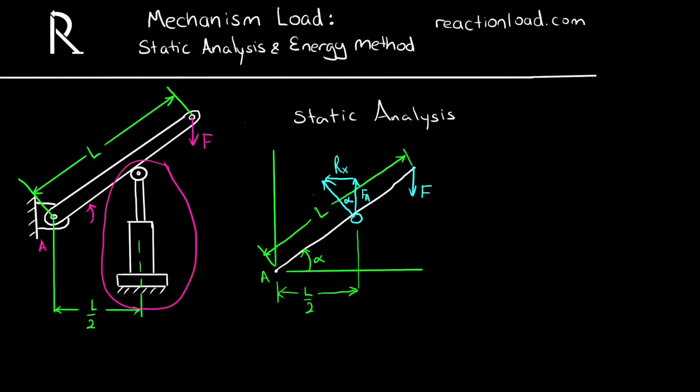A few other things we'll need to know: the distance between where the actuator applies the force and the pivot point, and let's call that distance S. We will also need to know the distance perpendicular from A to where the force is applied, and that is given by L cos alpha, which we can work out from trigonometry.